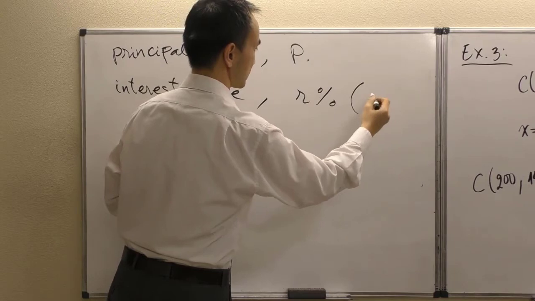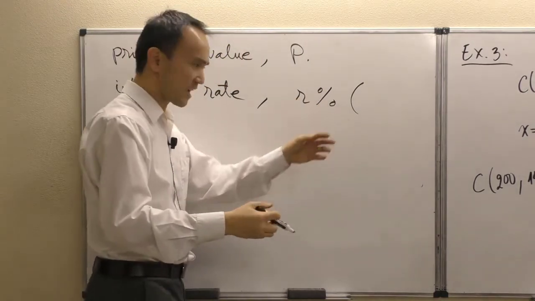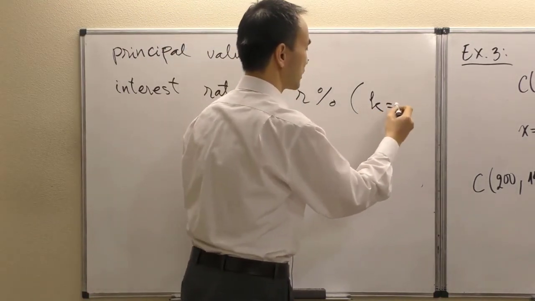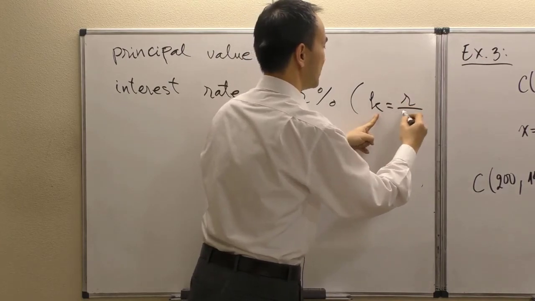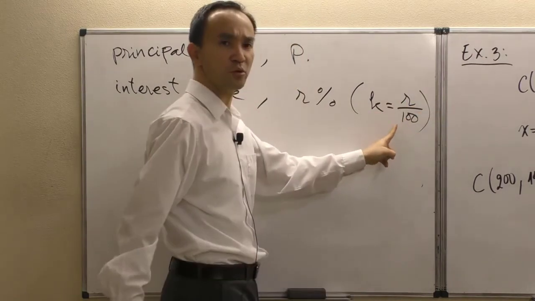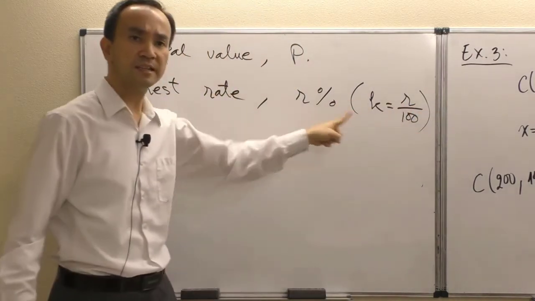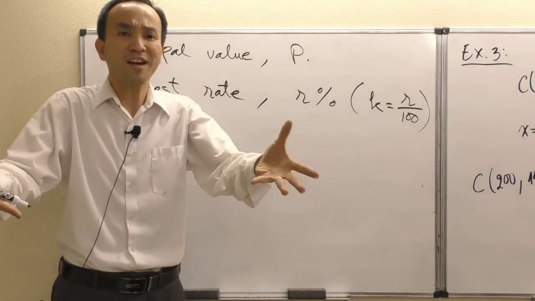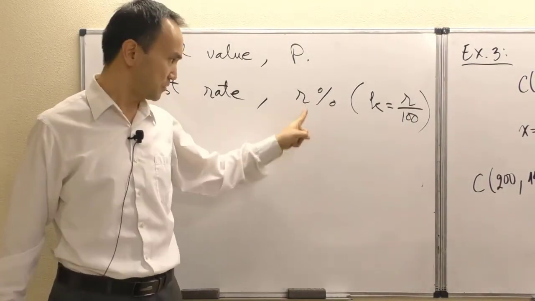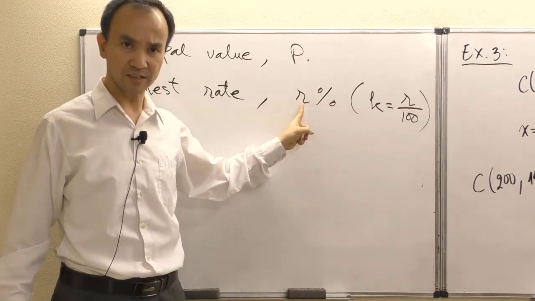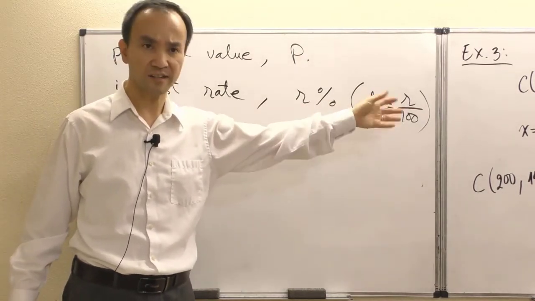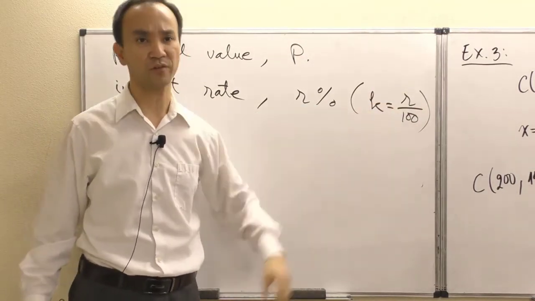But when we're doing the actual calculation, we use the value k, being R divided by 100, because we divide the number written as a percentage by 100. For example, 7% becomes an actual rate of 0.07.